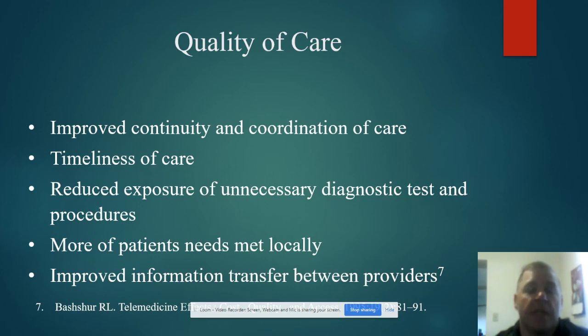More of the needs of the patient is locally met. It goes back to the previous statement, and it provides information transfer between providers. Doctors are always learning. They don't know everything. So by getting that consult from that specialist, it's actually improving that doctor's knowledge base.